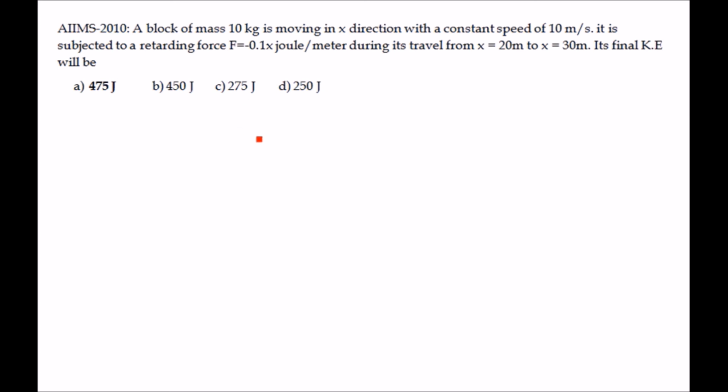So again, as per the work energy theorem, W is equal to the change in kinetic energy. So the initial kinetic energy will be Ki is equal to half m u square. If we consider u as the initial velocity, the initial speed was given as 10 meter per second and the mass of the block is 10 kg.